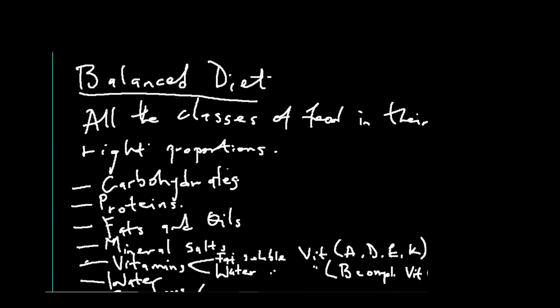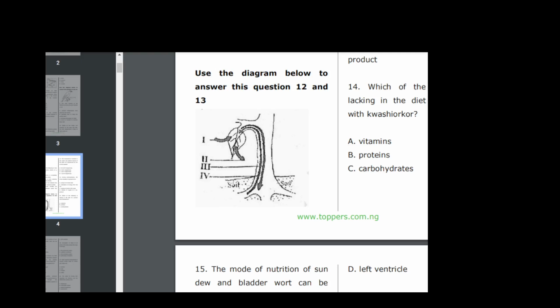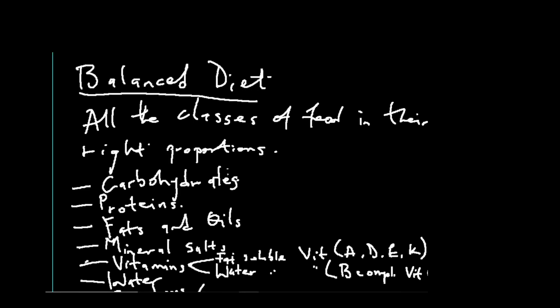So the question that we are working on right now is about kwashiorkor. We have just talked about the classes of food, and I made us understand what is referred to as a balanced diet. Now, apart from the balanced diet, we also have something called an adequate diet.